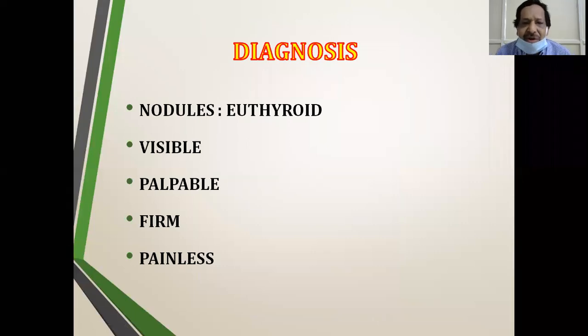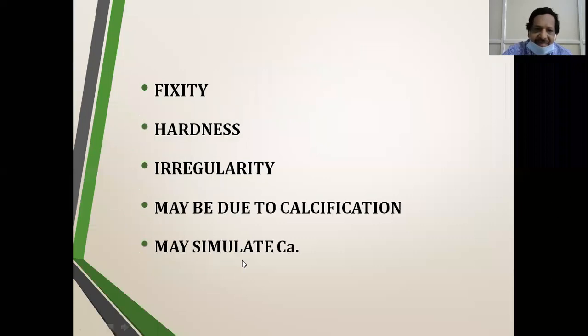Now, when there are nodules, first assess the state, whether euthyroid or hyperthyroid. They are visible, palpable, they are firm in consistency mostly, and mostly they are painless, unless they are associated with inflammation, as it occurs in thyroiditis. Now look for the fixity, hardness.